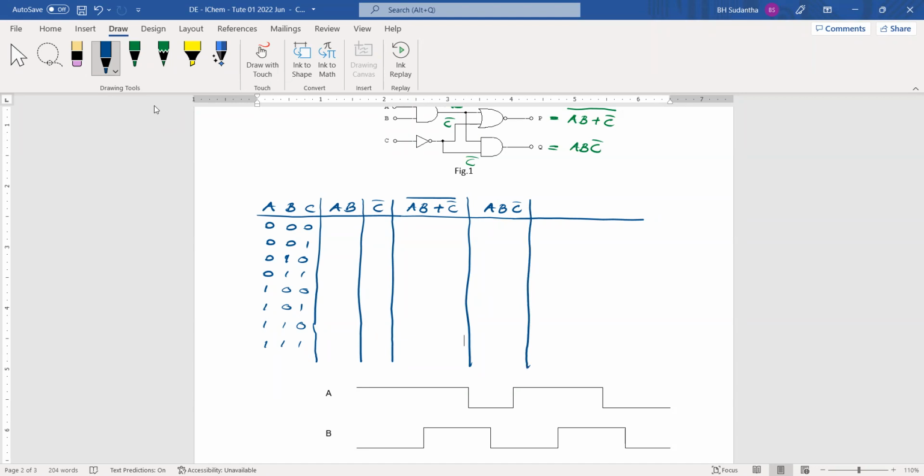Okay. AB is here 0. This is 0. This is 0. This is 0. 0. 1. C bar is 1, 0, 1, 0.